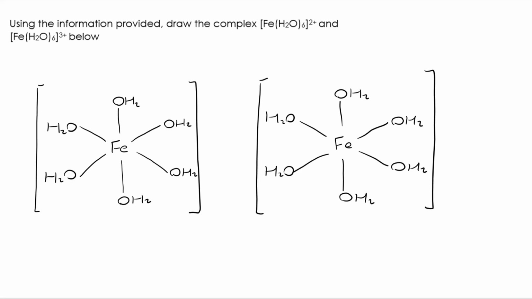And then we add the charges. Now, we know on the left-hand side we have an Fe2+ ion, and on the right-hand side we have an Fe3+ ion. We also know that water has a charge of 0. So for that reason, the charge on the complex is equal to the charge on the central metal ion.